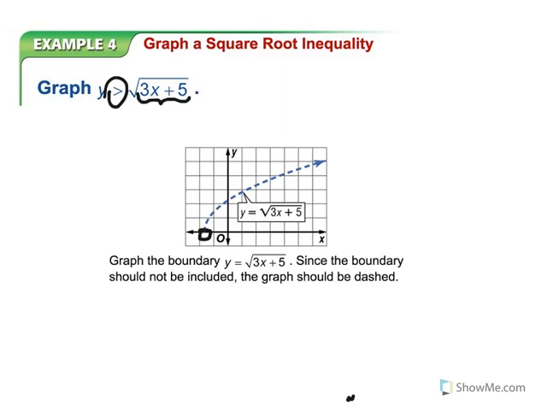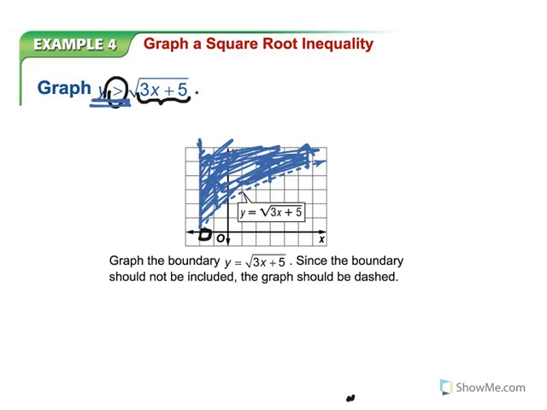Now the last part is where we're going to shade, and if you take a look at this, this is saying your y values are getting bigger than your function, so we want our y values to get taller than, so that means we're going to shade on top of the function, like so.